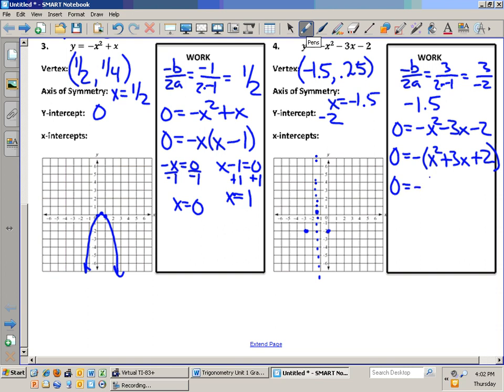That's a trinomial. It factors to two binomials, x plus 2, x plus 1. Set them both equal to 0. Subtract the 2, we get negative 2. We get negative 1.